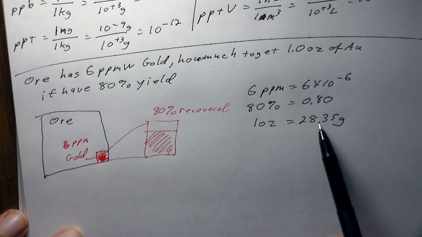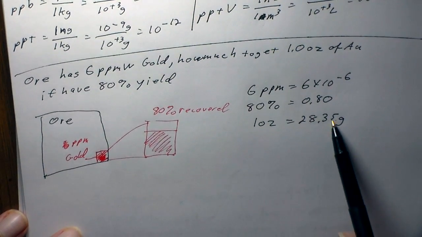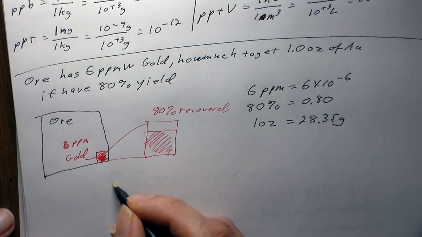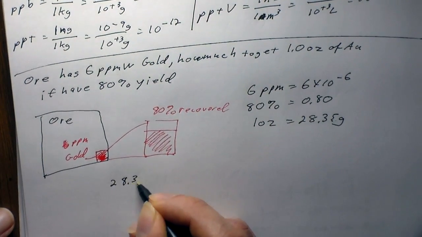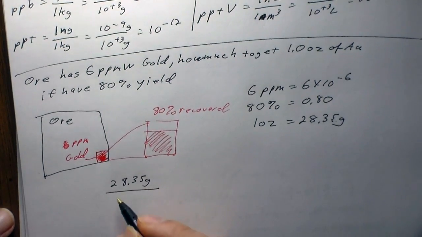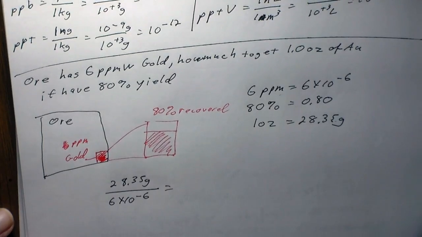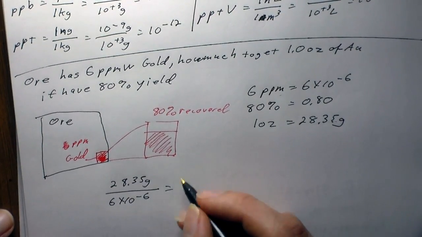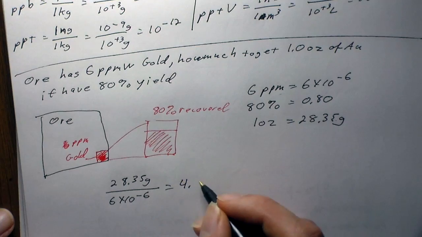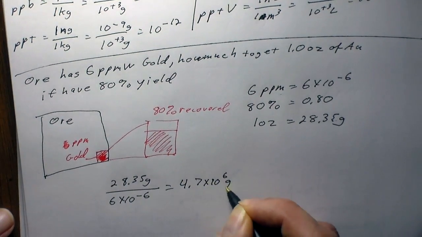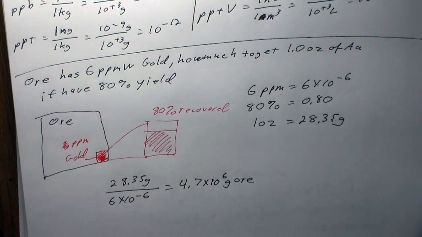Okay, so right here, this is our subset. We want to figure out how much this is of the whole. So this is going to be 28.35 grams divided by my 6 parts per million, and this is going to work out to be 4.7 times 10 to the 6th grams of ore.